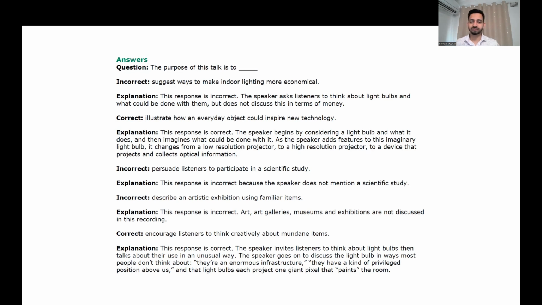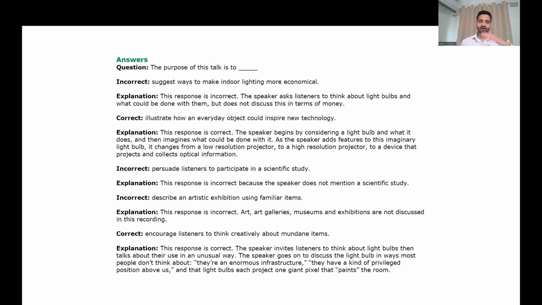This response is incorrect because the speaker does not mention a scientific study. Number 4, describe an artistic exhibition using familiar items. It doesn't talk about anything about art or artistic exhibition. So this response is incorrect. Art galleries, museums, and exhibitions are not discussed in this recording.